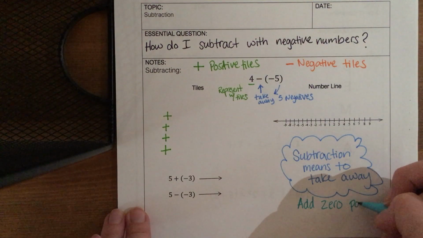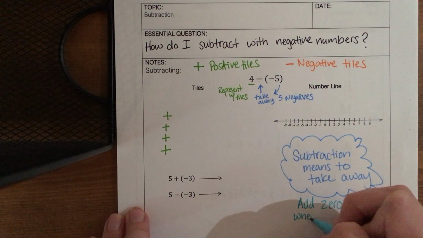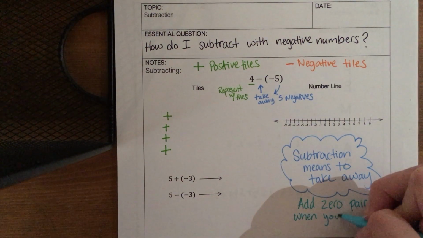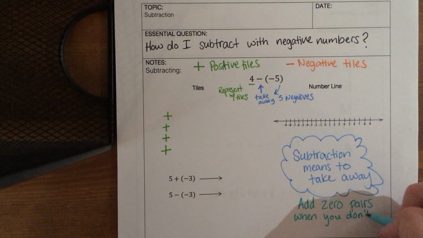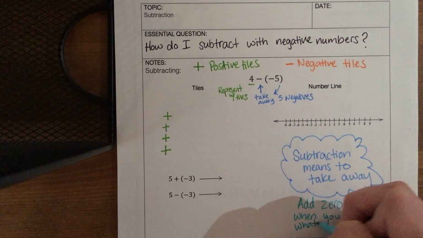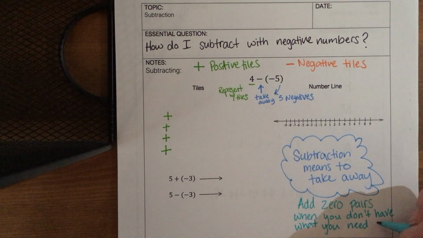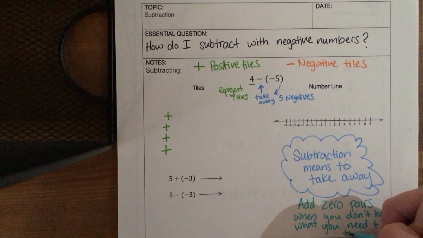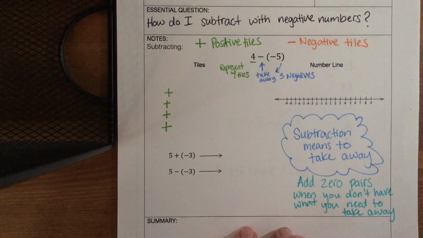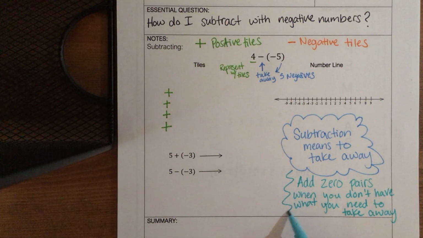Add 0 pairs when you don't have what you need to take away. So when you don't have what you need to take away, you need to add those 0 pairs.